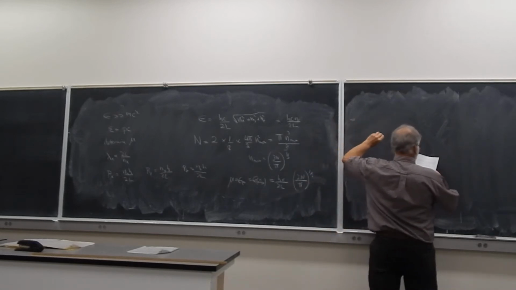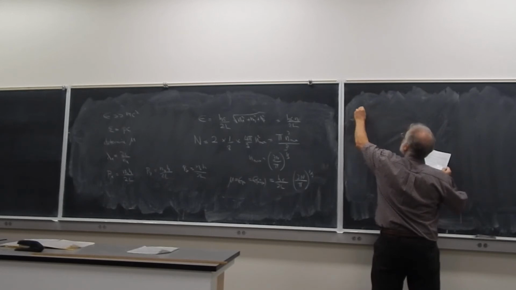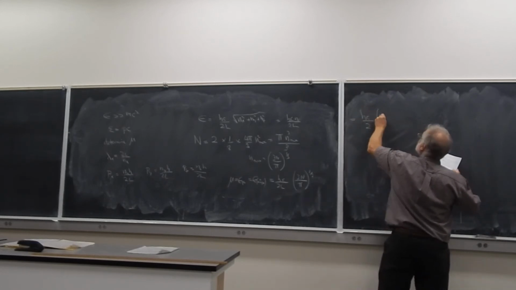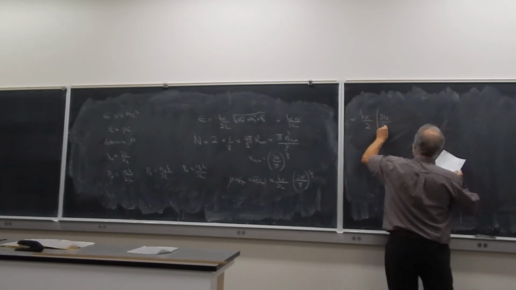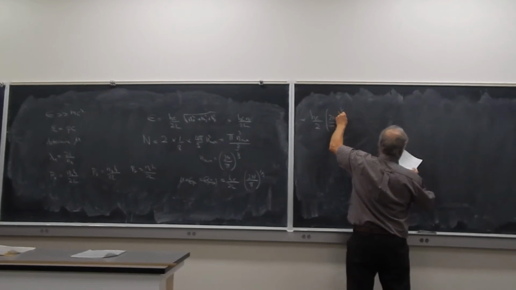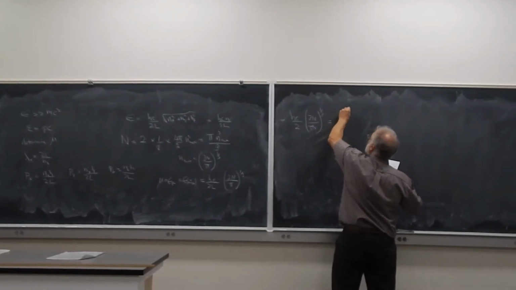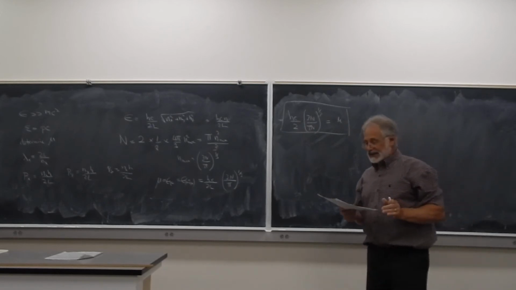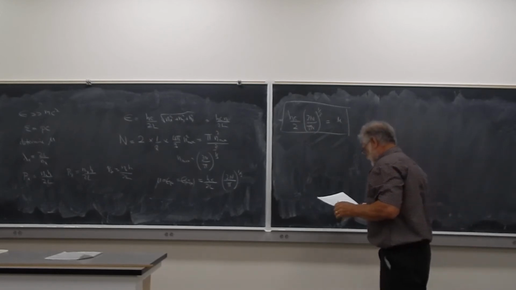That's going to be hc over 2, 3N over pi times V to the 1/3. And that is my chemical potential for a relativistic degenerate gas.